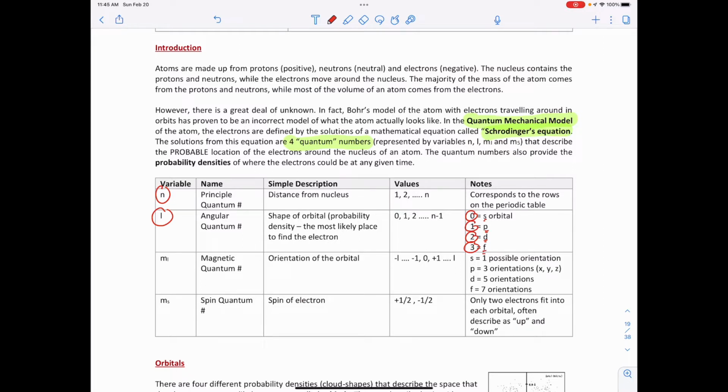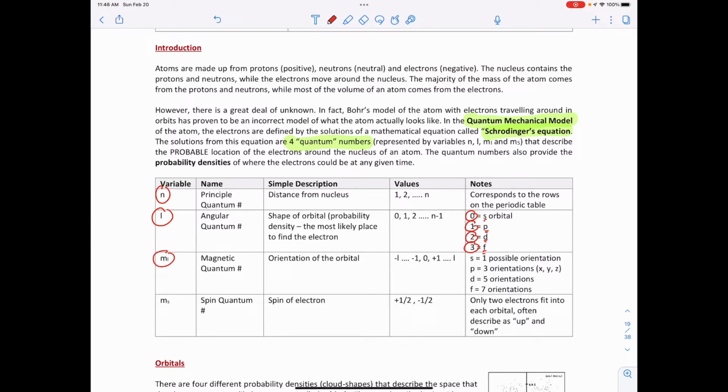Right now we don't know too much about what these orbitals are, other than that electrons are occupying certain shapes, and we don't know where in these shapes the electrons are going to be, just that they're somewhere in those shapes. These shapes are what we call orbitals.